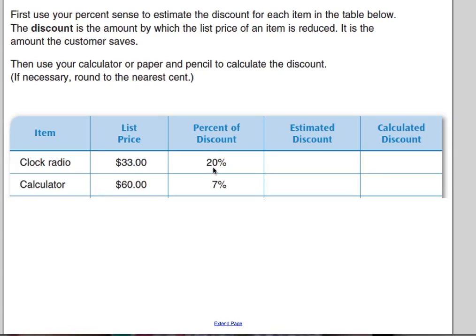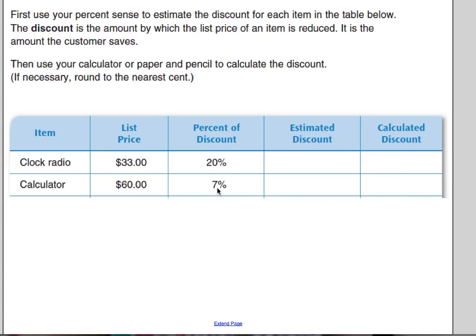So 20% is 1/5. If I think about dividing this by 5, I know that 30 divided by 5 is 6, or 35 divided by 5 is 7. So my discount is going to be somewhere in between $6 and $7. So I would estimate maybe $6.50. Then figure it out. What is it?